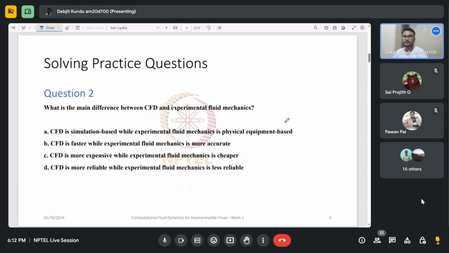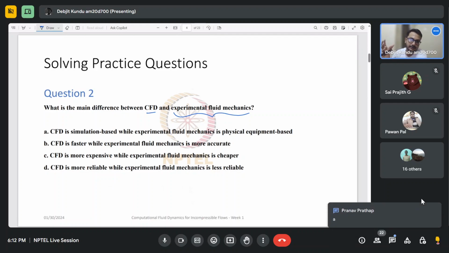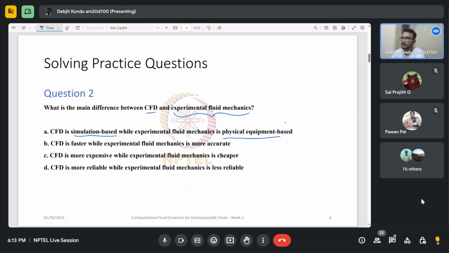Question number 2 is asking us: what is the main difference between CFD and experimental fluid mechanics? That is, creating an experimental setup and performing experiments to derive fluid mechanics insights into different problems. Option A says that CFD is simulation based while experimental fluid mechanics is physical equipment based.